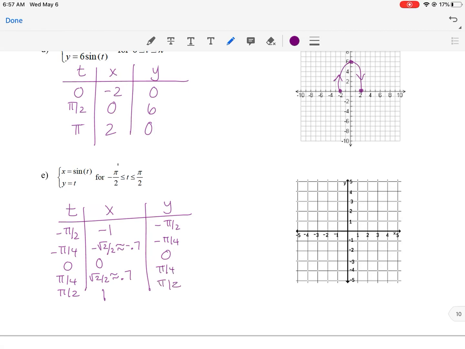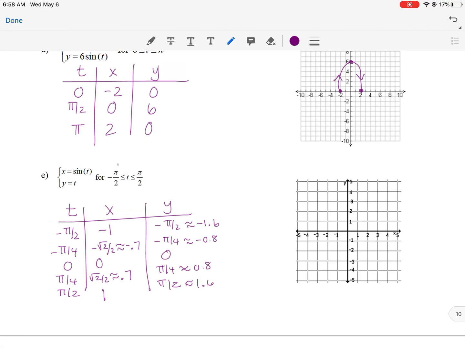And if we want to approximate those as well, pi divided by 2 is approximately 1.6. So this would be approximately negative 1.6. And then pi fourths is half of that, so approximately negative 0.8 or approximately 0.8.